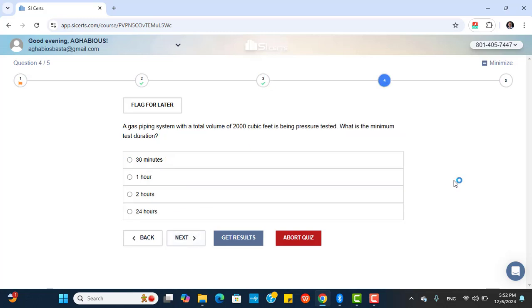A gas piping system with a total volume of 2,000 cubic feet undergoing pressure testing, what is the minimum test duration? We know that it is half an hour for 1,000, this means 1 hour.